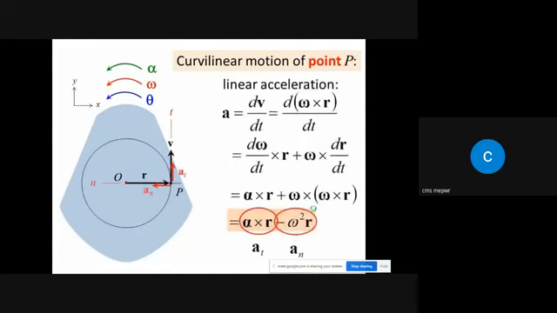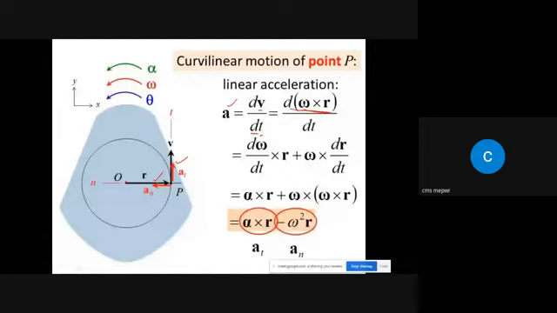Similarly, for linear acceleration, remember that for velocity we had only one component, along the tangent direction. But the acceleration in case of curvilinear motion will have both components, tangential as well as normal. So this is the tangential component, and this one is the normal component of acceleration, right? And we know that acceleration is the time derivative of velocity, and velocity can be given as omega cross r, right?